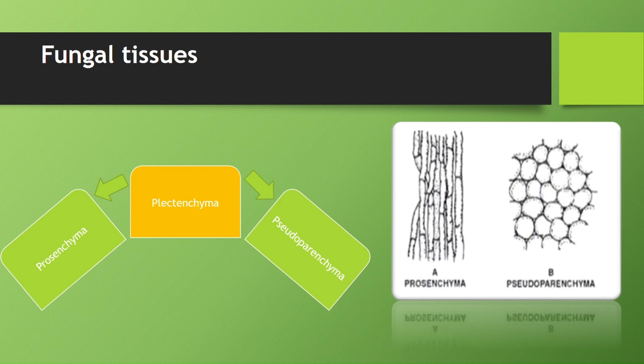But pseudoparenchyma are the fungal tissues which are more or less like the parenchyma. It is very difficult to differentiate between the parenchyma of higher plants and the pseudoparenchyma of fungi. So this is called pseudoparenchyma.